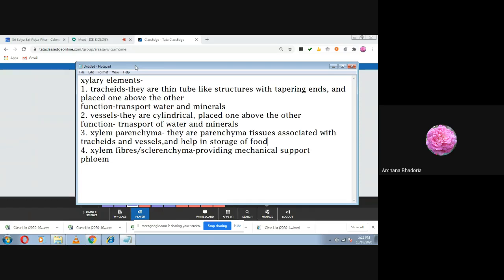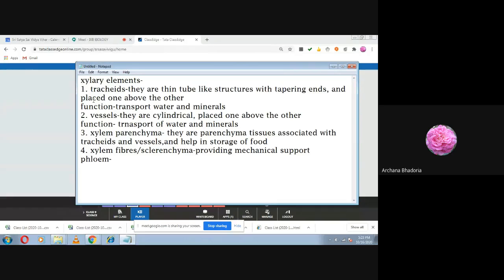Now we will take up the next permanent tissue, that is a complex permanent tissue, which is phloem. So phloem, what is the function? Remember, children, I'm taking up the xylem once again. The 4 elements are there in the xylem, but the 2 elements which help in functioning, that is the transport of water and minerals, are these 2, that is your tracheids and the vessels.